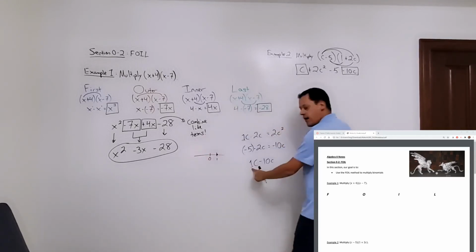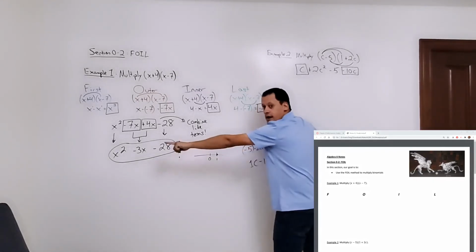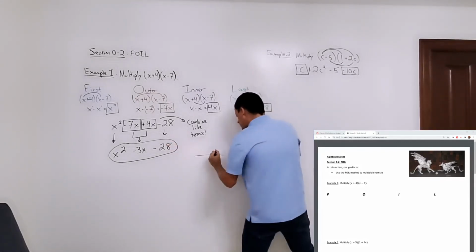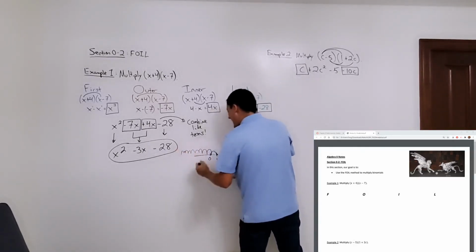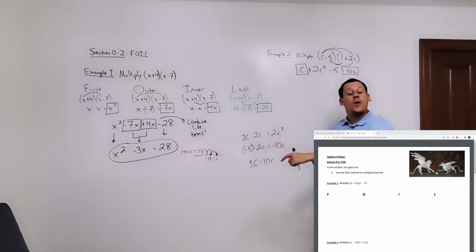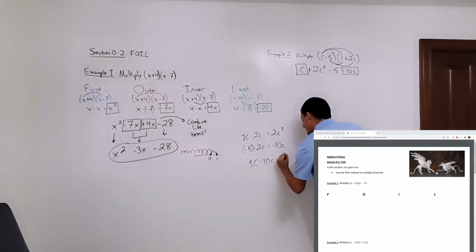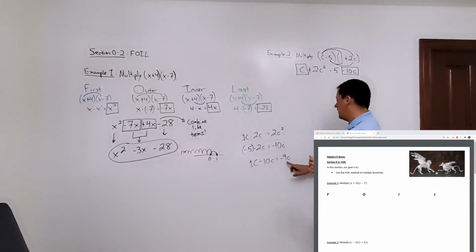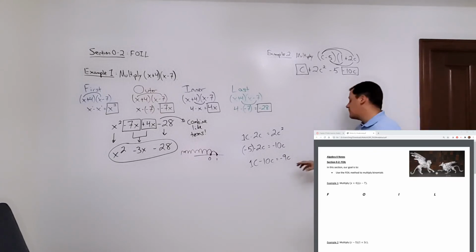We're starting at 1, and we're subtracting 10. So we're going this way by 10. So we're going 1, 2, 3, 4, 5, 6, 7, 8, 9, 10. How far back does that put us? All the way back to negative 9. So that's negative 9c. Okay. So when we put these two terms together, we get negative 9c.